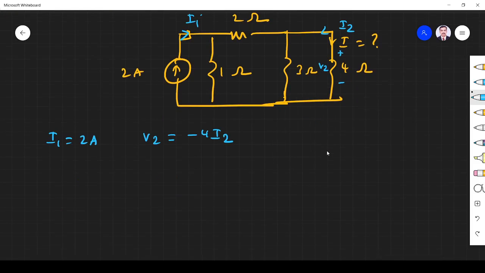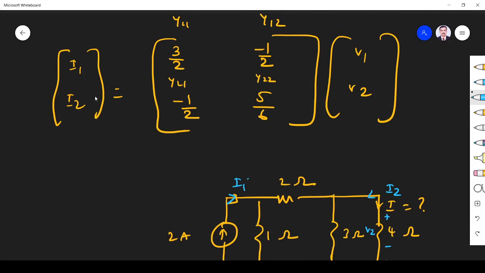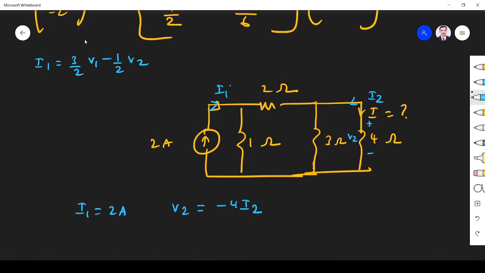Now we have one equation. From this, I1 is equal to 3 by 2 V1 minus 1 by 2 V2.